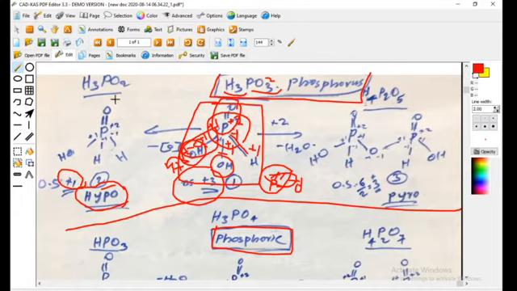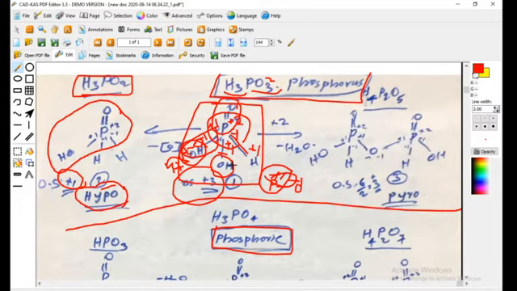On going to the structure, its molecular formula has one oxygen less than phosphorus acid. It is H3PO2 only. Going to the structure, I told you one P=O bond and one OH bond are compulsory.